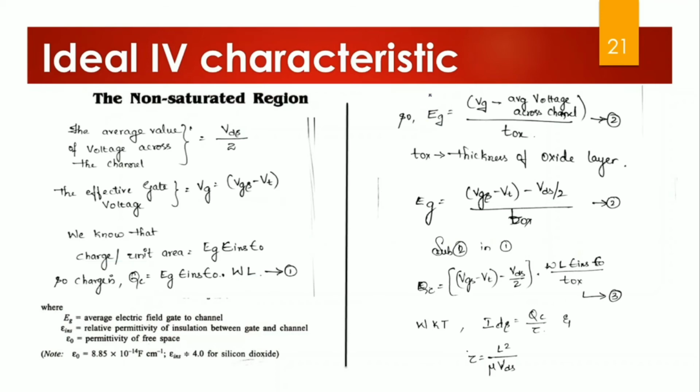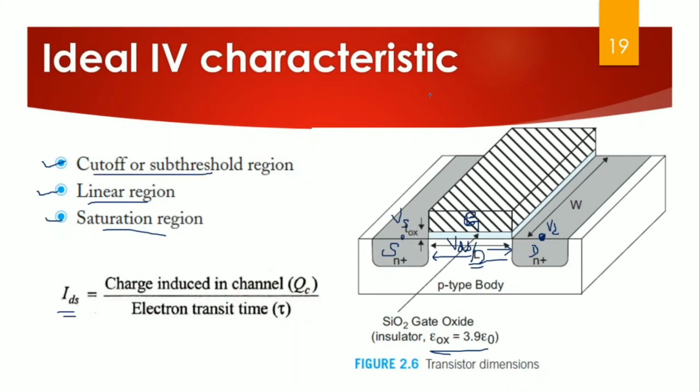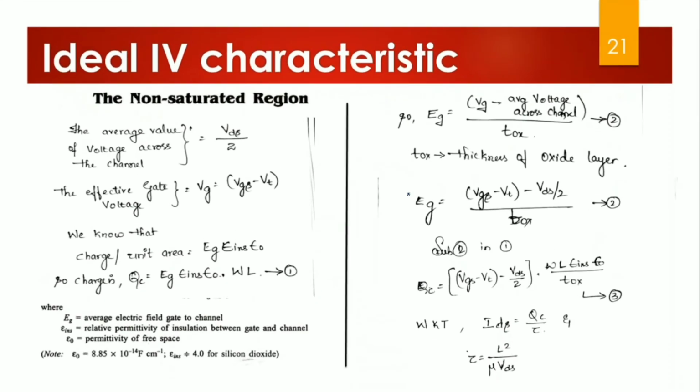What is the voltage applied around the channel? We have applied gate voltage and also source and drain voltages, so I will take the difference of these voltages. So electric field is equal to Vg minus average voltage across the channel, divided by thickness of oxide layer.